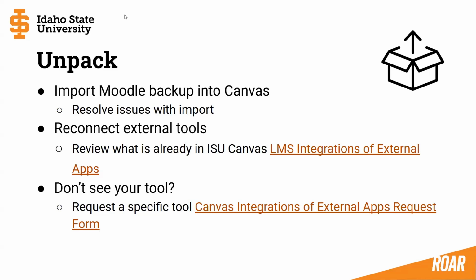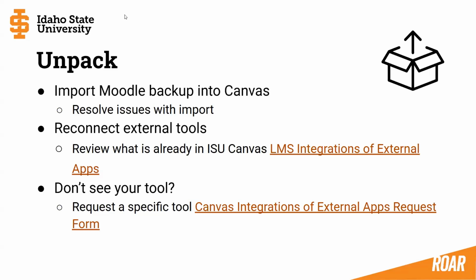Then what you'll do is reconnect any external tools that you use. So if you use a publisher platform, or, I don't know if we have access to virtual anatomy models or things, but if we had something like that, that would be external to Canvas and you'd need to reconnect it. Anything of that sort, you'll need to reconnect in Canvas because you have to add permissions again.